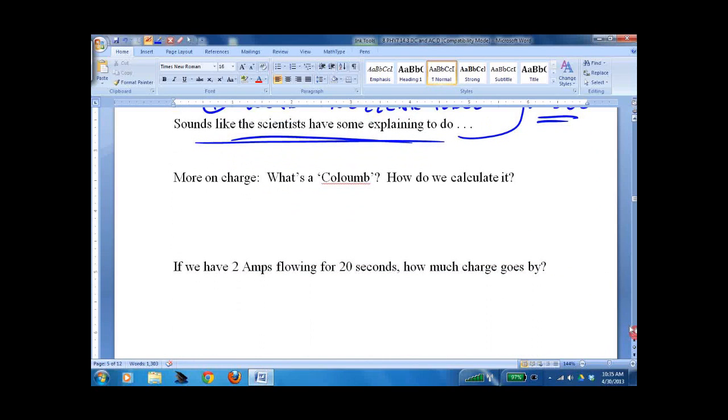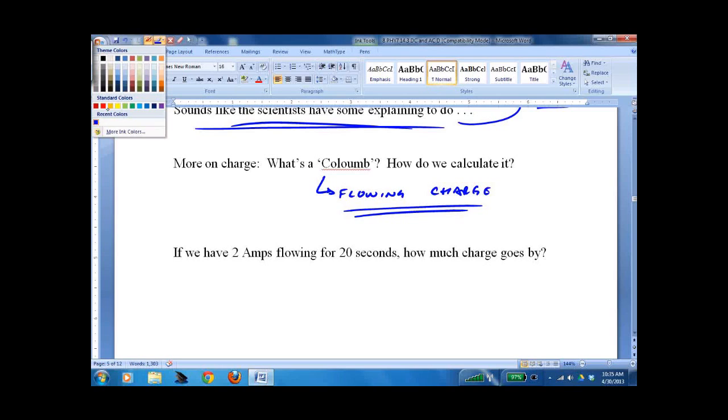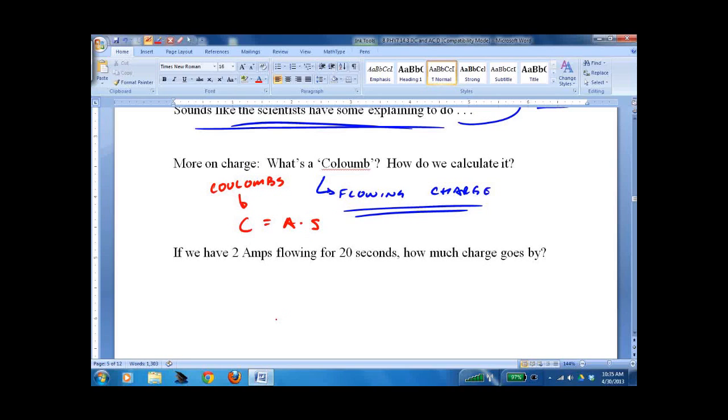So a couple last little things. What's a coulomb? It's flowing charge. And how do we calculate it? Well, coulombs are amps times seconds.